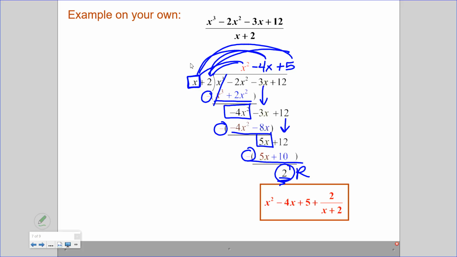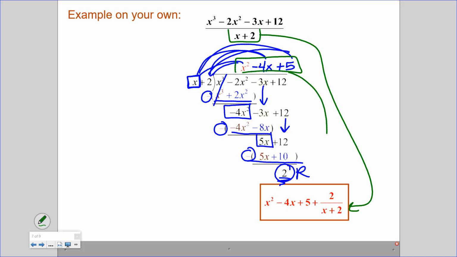So when you're writing your remainder, again, just recopy whatever the original denominator was, and whatever you got up here, that is your answer. Or the whole number portion of your answer, I should say. The whole thing's your answer boxed in.